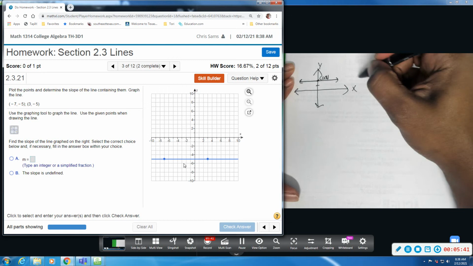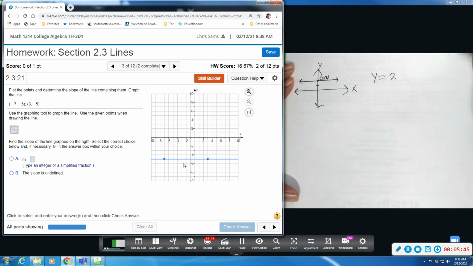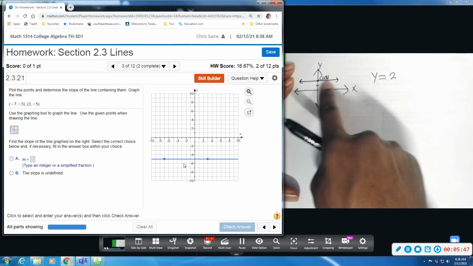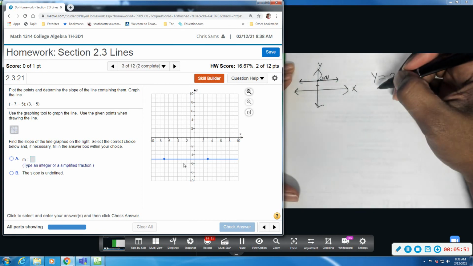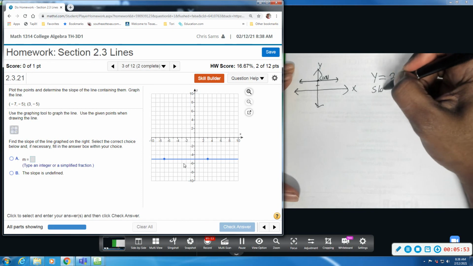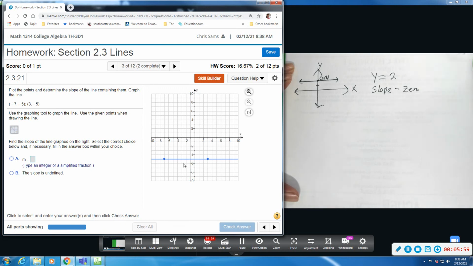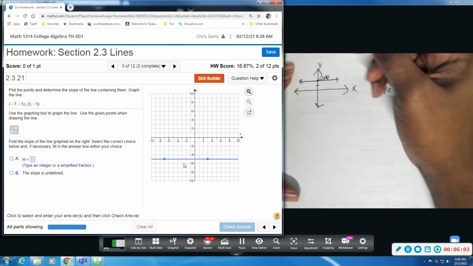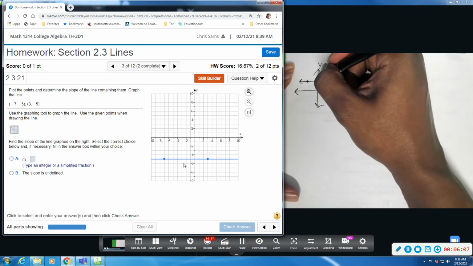So that would be the equation of the line. Y equals 2. Because it only crosses the y-axis, and everywhere y is 2. Y is not changing. The slope here, kind of like what you saw on slope face, is 0.